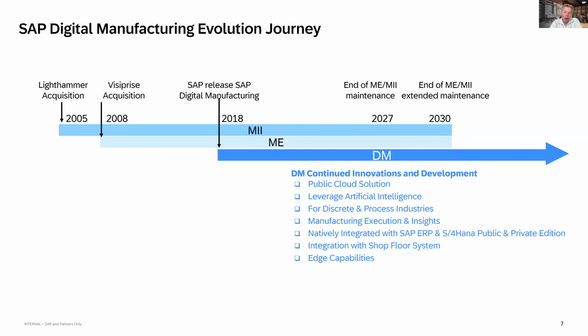Then this is a solution which is able to manage both discrete and process industries. So in the same solution, this solution is also able to manage the execution and the dashboarding and cockpit, what we called manufacturing intelligence in the past. This solution is natively integrated with your SAP ERP solution, could be ECC6, could be S/4HANA, public or private.